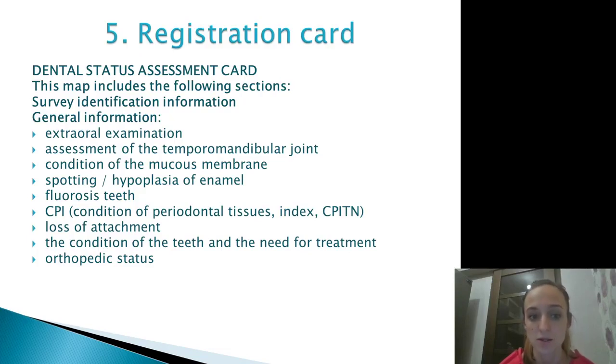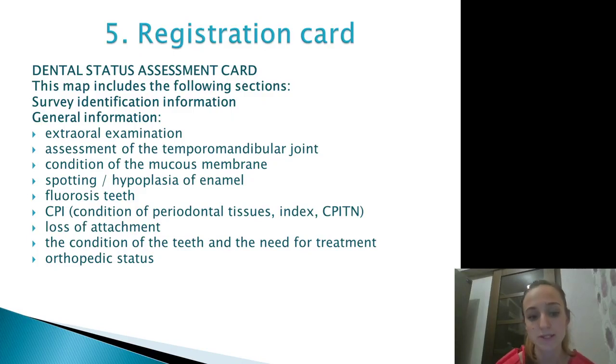Then it is assessment of the temporomandibular joint, condition of the mucous membrane, spotting or maybe some diseases of enamel or dentin, systemic diseases, for example, hypoplasia of enamel, for example, fluorosis of teeth, condition of periodontal tissues, indexes, loss of attachment, and the condition of the teeth, and the need for treatment.